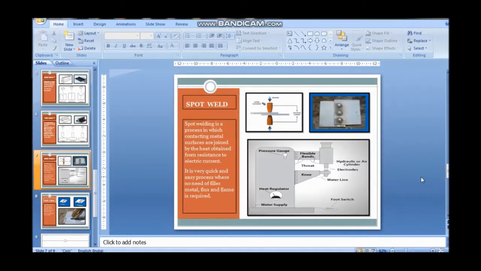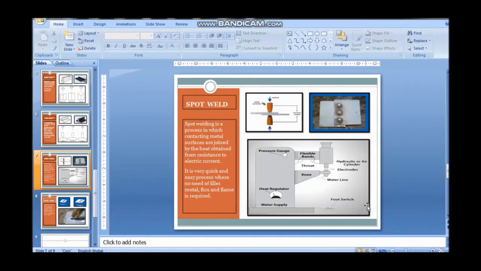Next is spot welding. In spot welding, we use it for thin material or sheet metal. See, two plates have been used, and this is a lap joint, and this is the spot welding machine.